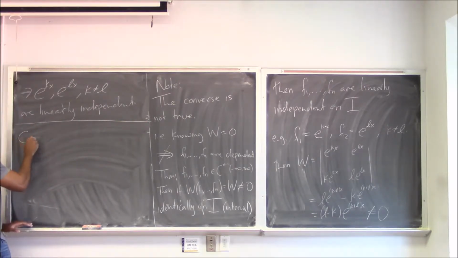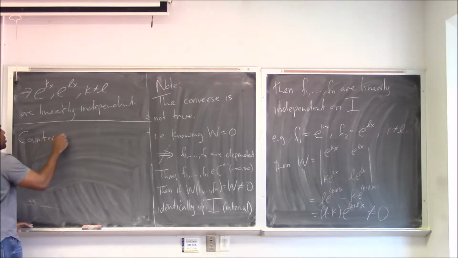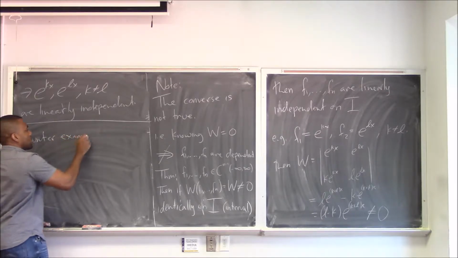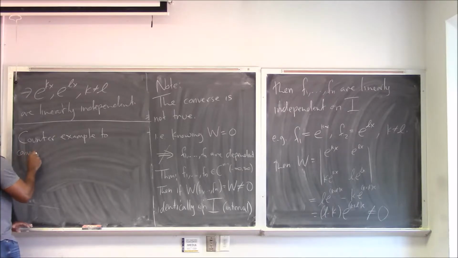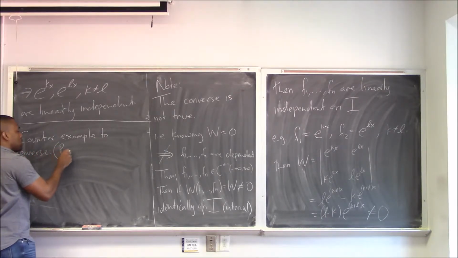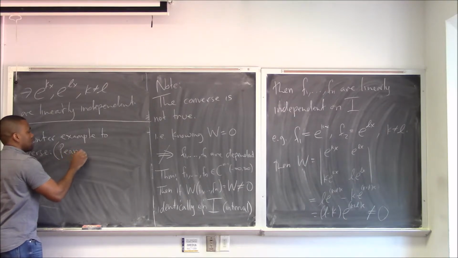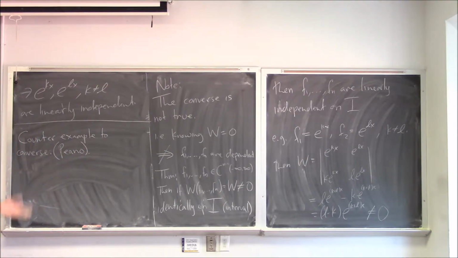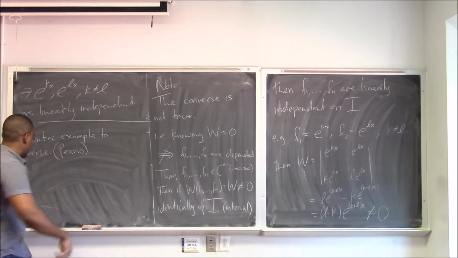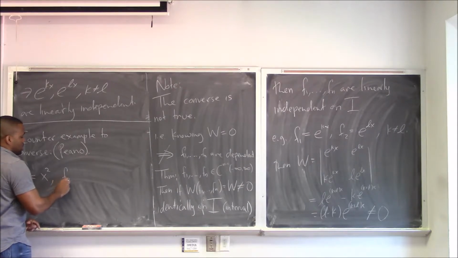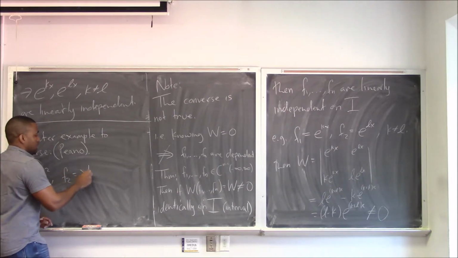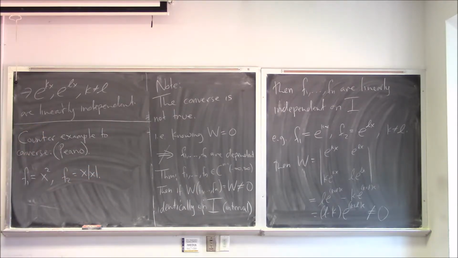A counterexample to the converse. It's due to Peano, the same guy who came up with the axioms that define the natural numbers. You look at the functions f1 equals x squared and f2 equals x times the absolute value of x.